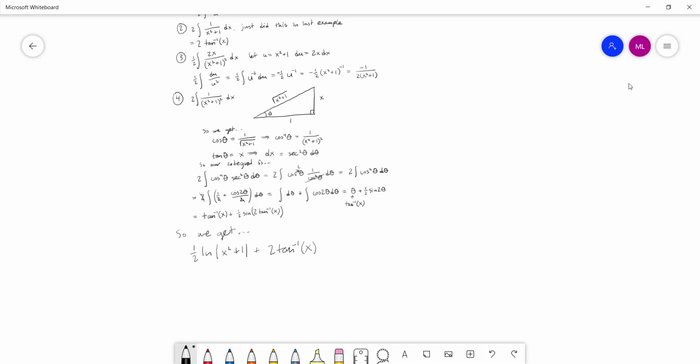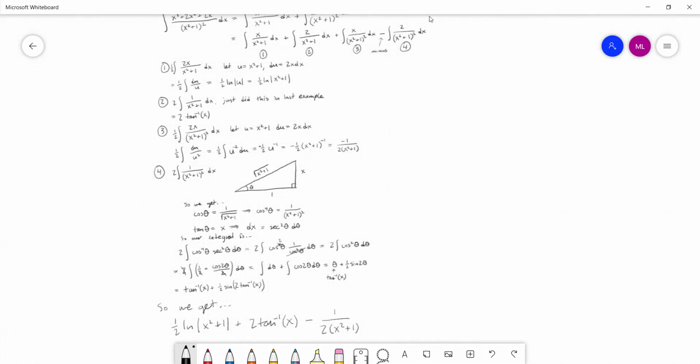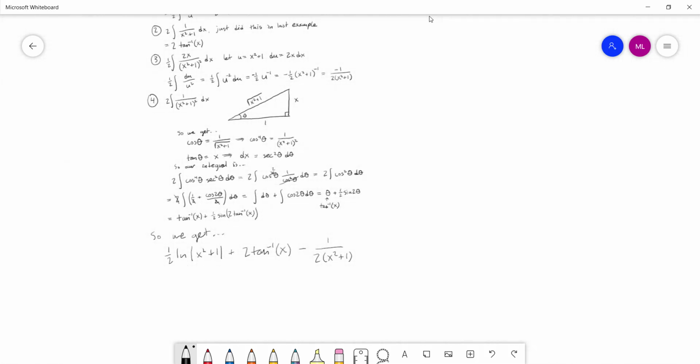Then we had, where's the third one? Minus 1 over 2 times x squared plus 1. And for the last piece, we had to subtract this. Remember, it was a minus sign here, so it's going to be minus an arctangent of x and minus another 1/2 times the sine of 2 times the tangent inverse of x plus c.